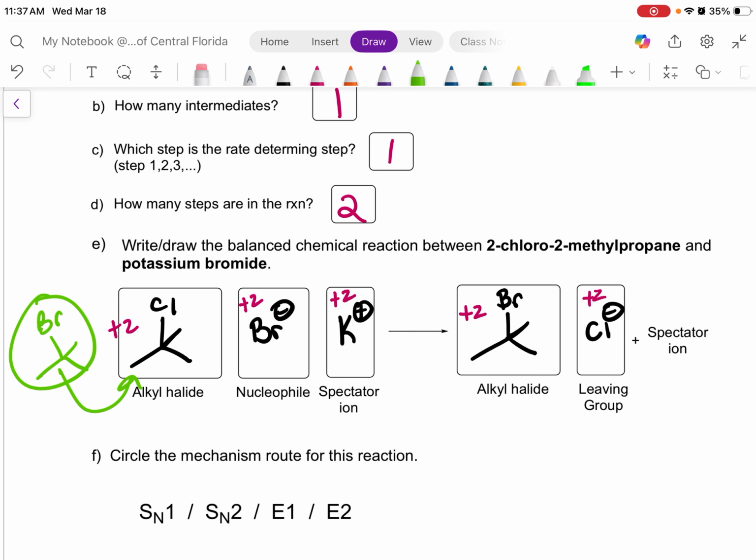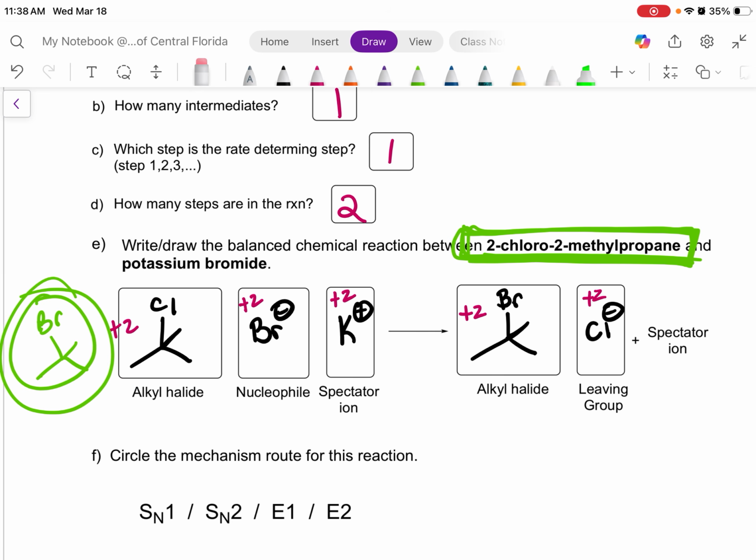Because when you read the problem, there's no bromine there. If you were looking at your paper and your paper only, there's no way you could get a bromine in your alkyl halide at all. The only way you could get a bromine is if you're looking to your left or your right. So we're going to pay attention to that as graders.